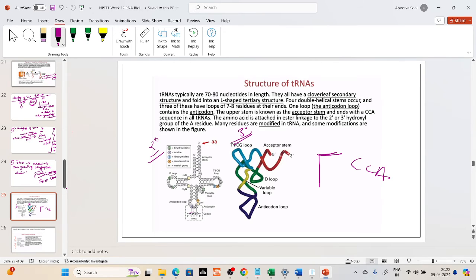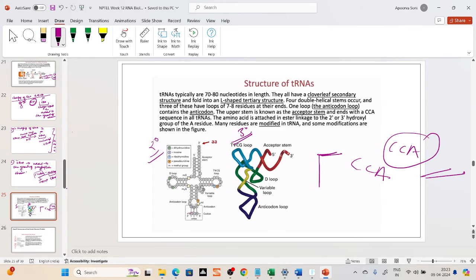So always remember that the amino acid, whatever amino acid is coming, it is added to the 3' end of the tRNA. And the 3' end of the tRNA, whether it is present left side, right side, that 3' end of the tRNA is known as the acceptor arm. And that acceptor arm ends with CCA. This you have to remember. Then the amino acid is attached in ester linkage and many residues are modified in tRNA.